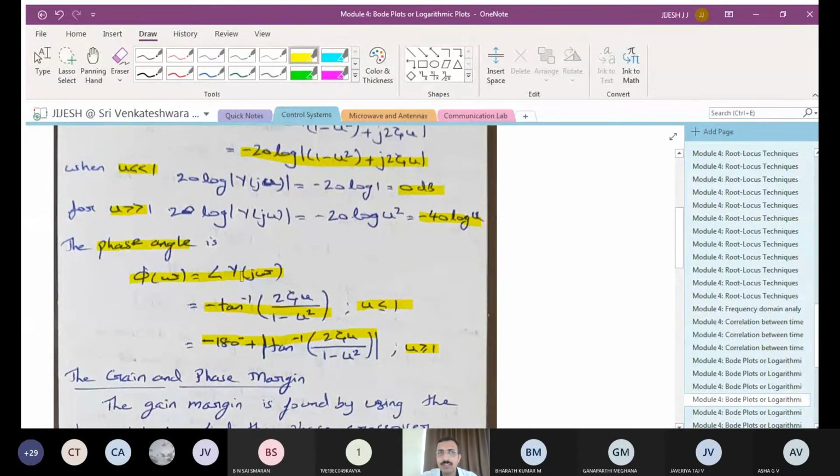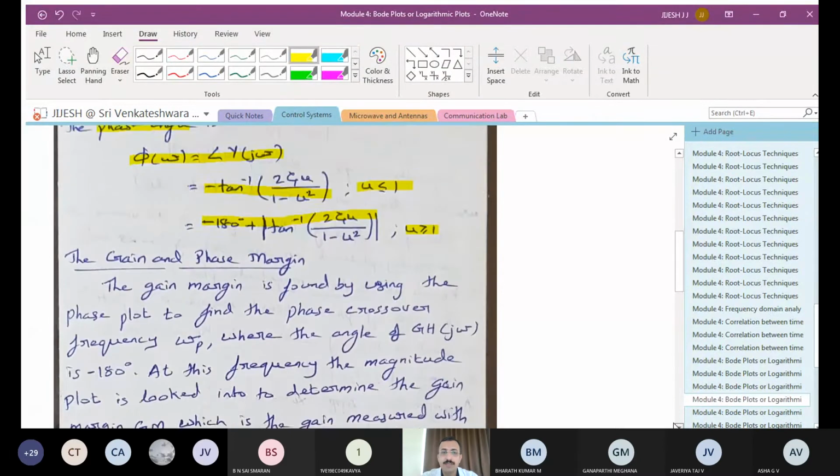Based on the problem you get, you have to check whether it is poles and zeros at the origin, or on the real axis, or complex conjugate. You also have to see whether u is less than 1 or greater than 1. All these things we will be seeing in the problems.